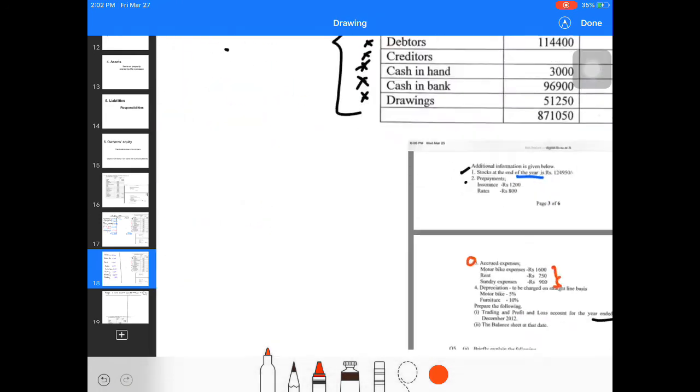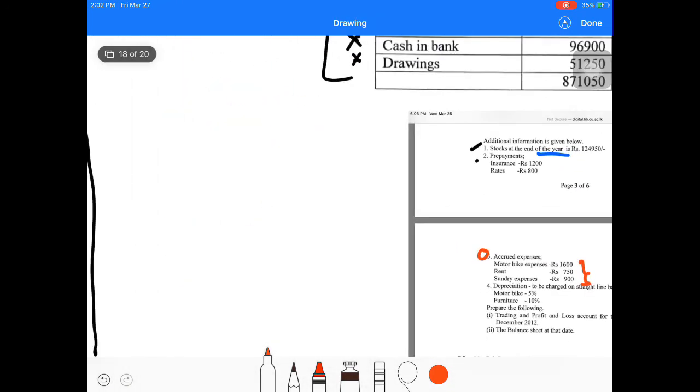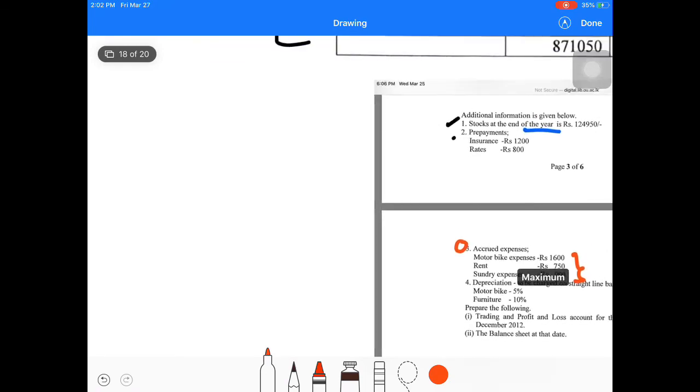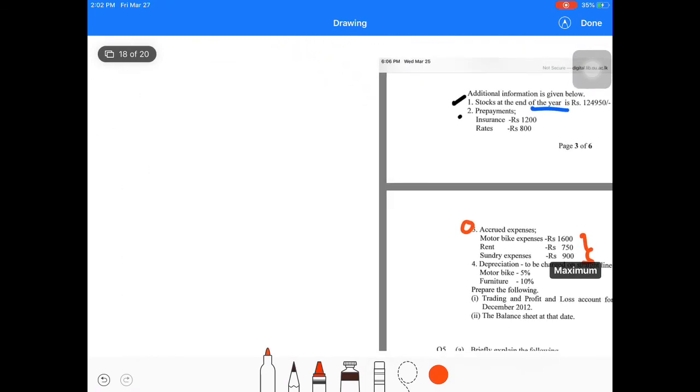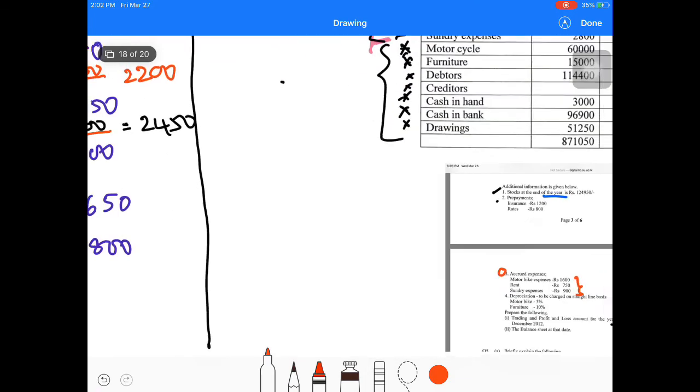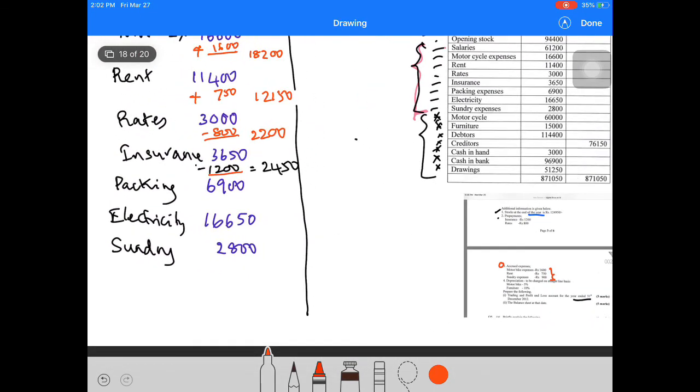Then what is the next one? Sundry expenses. Sundry expenses, we have not paid 900, so we have to add 900. Then the total expenses will be 3,700.